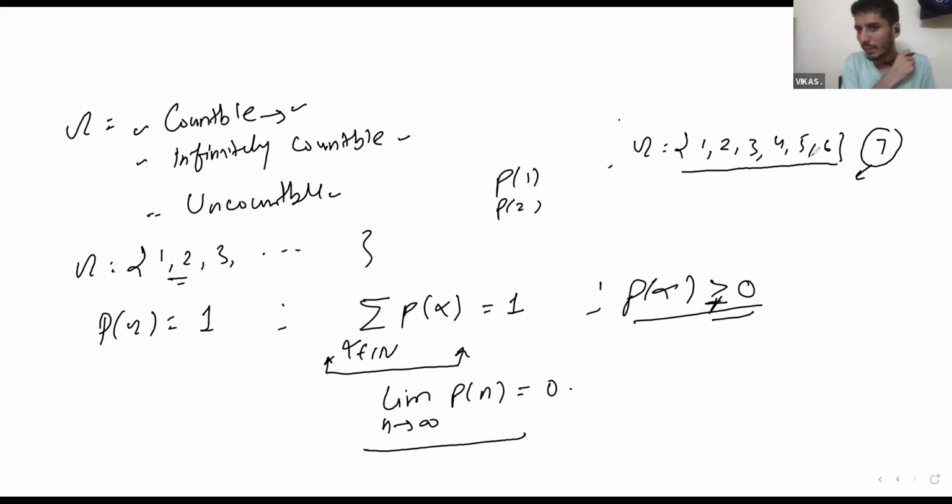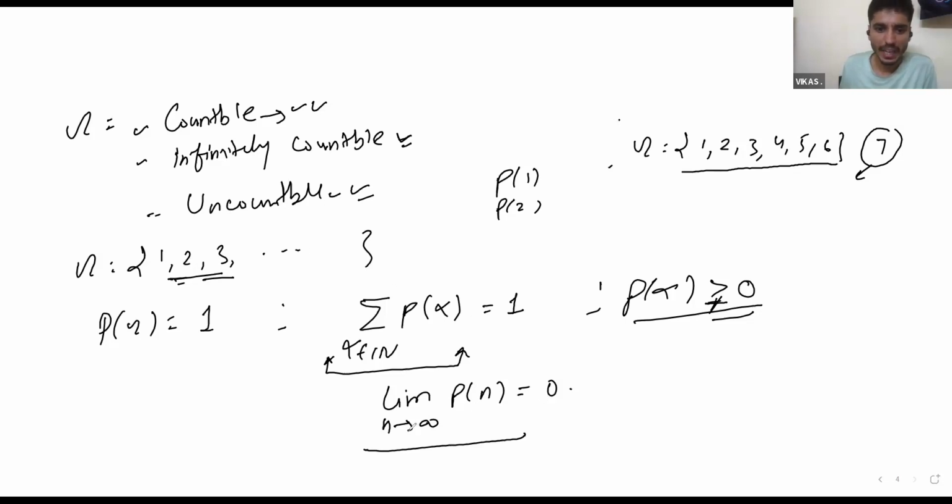Let me clarify one fact: when you consider an uncountable set, it's not compulsory to have positive probability at every point, but whenever you define a countably infinite set as omega, every point has some positive probability. Here I have defined omega as the set of natural numbers, and each natural number requires positive probability.